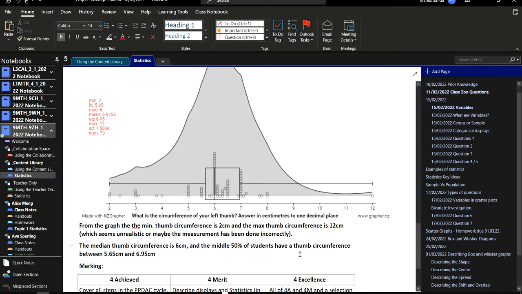All right. 5.65, that is the lower quartile, and 6.95 centimeters, that is the upper quartile. Yes? What else can you tell me?